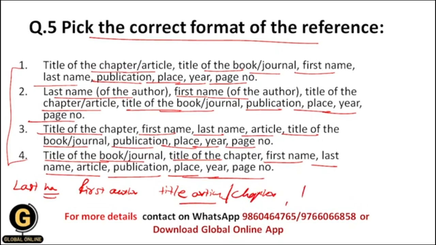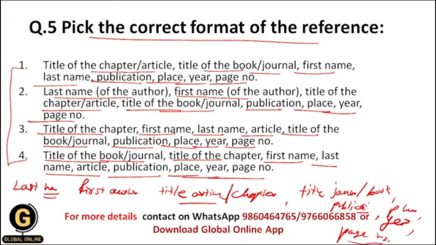Then you write the title of the journal from which you have referred to that article, or the title of the book. Then you write the publication, then the place of the publication, then the year of the publication, and the last one should be your page number. So that's why your correct answer is 2, because this is the correct sequence or format of the referencing style.